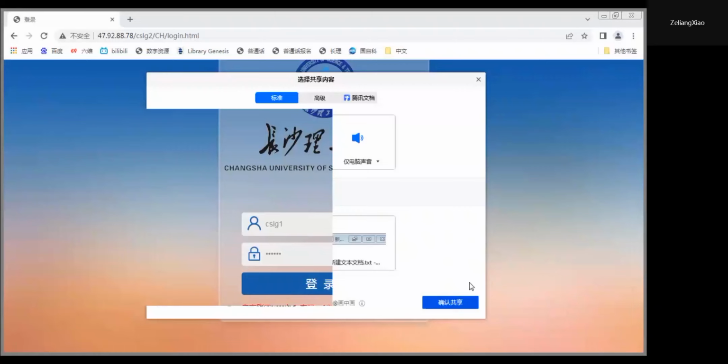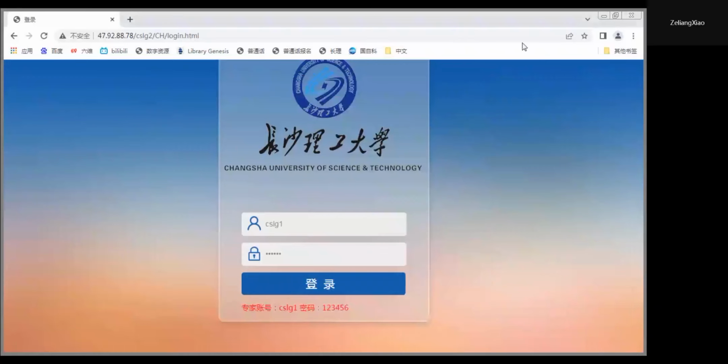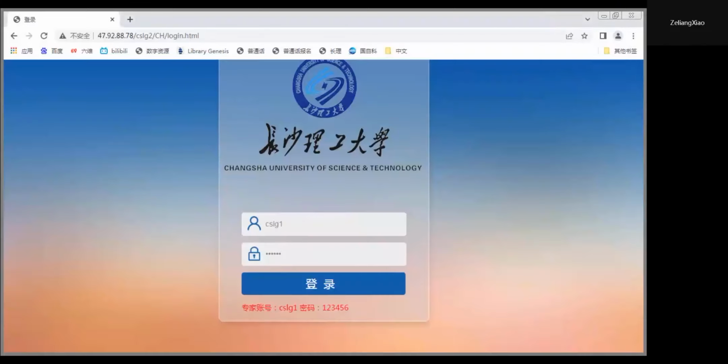Okay, this is the website of the experiment.